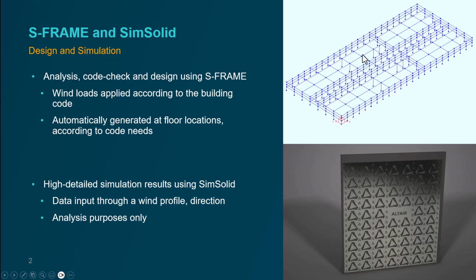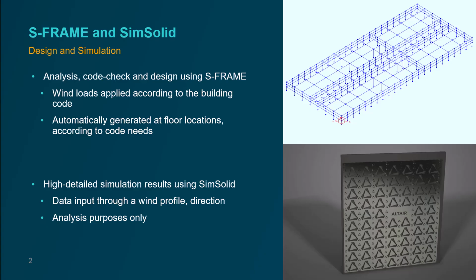Here in the top right side, I have a screen capture of a structure that was built in S-Frame. And when we move to the main topic of this presentation, the wind loads, those are applied according to the building code.